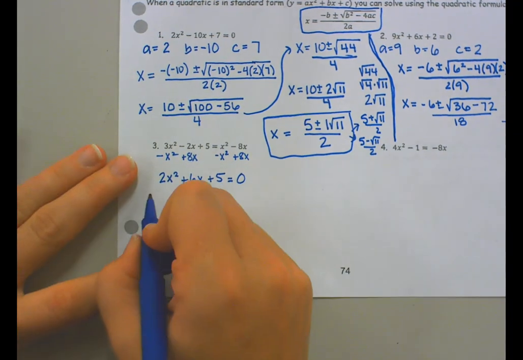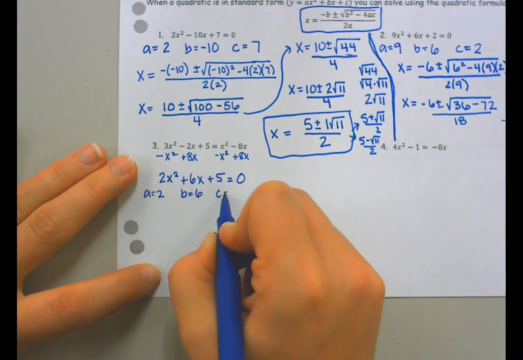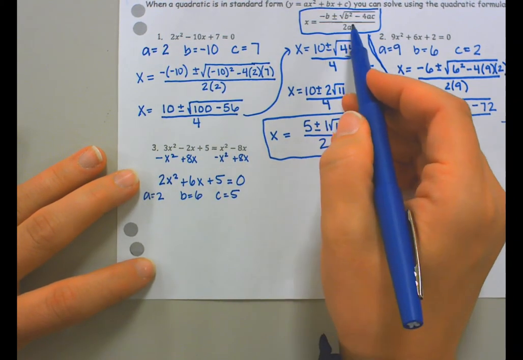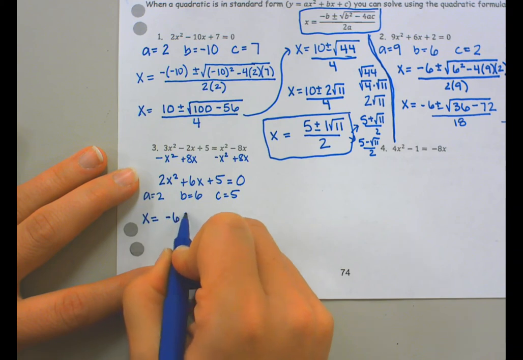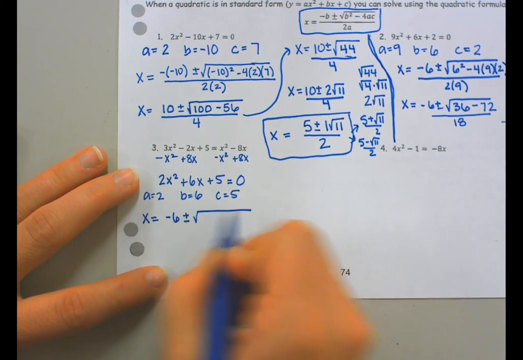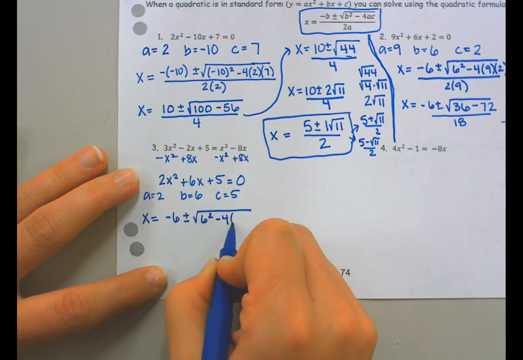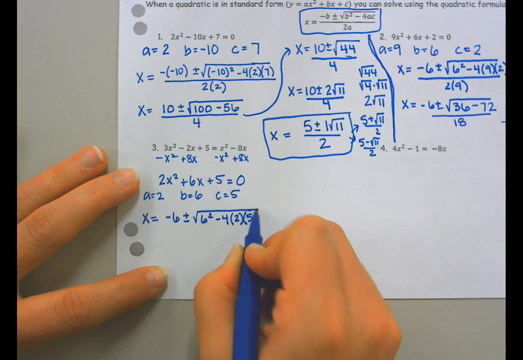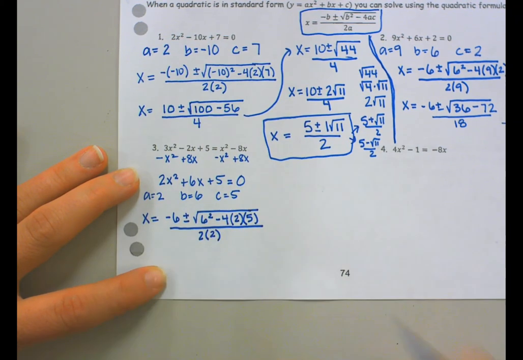So I know that a is 2, b is 6, and c is 5. So then I go to my quadratic formula, and I plug in: x equals negative b, which is negative 6, plus or minus the square root of b squared, which is 6 squared, minus 4 times a, which is 2, times c, which is 5, all over 2 times a, which is 2.